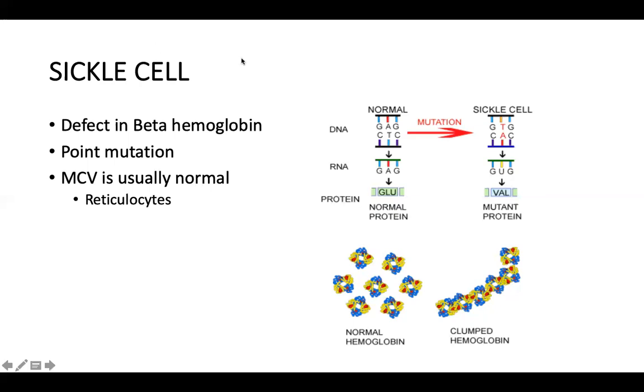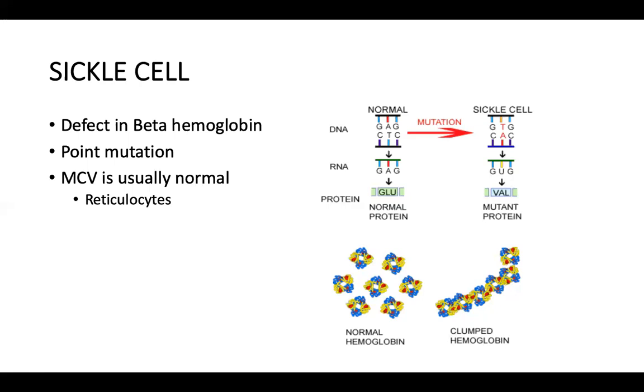So the one change in a mutation goes from a GAG in the RNA to GUG. And just that one mutation, you get glutamic acid in a normal protein, normal hemoglobin, and with that change, you get valine.